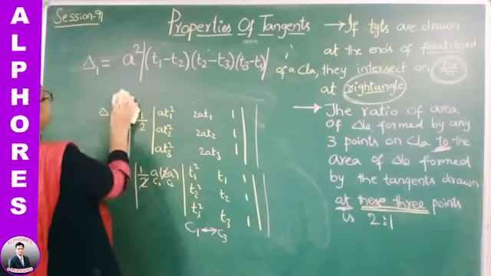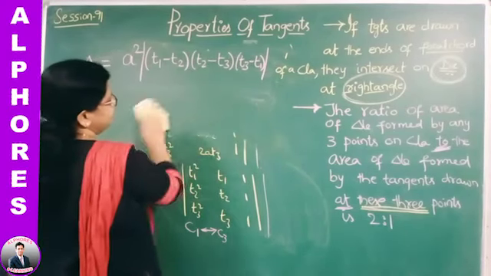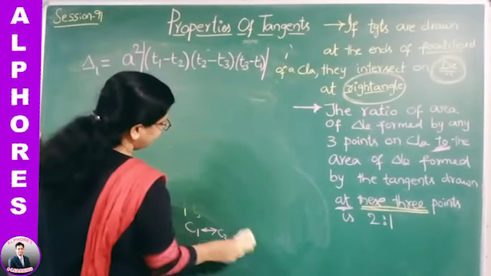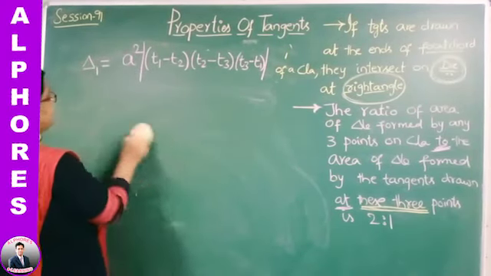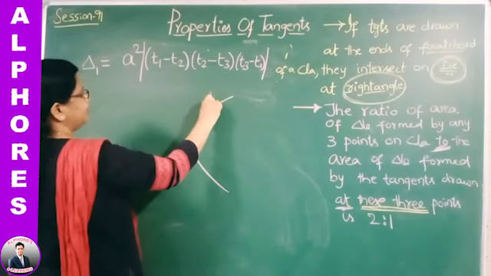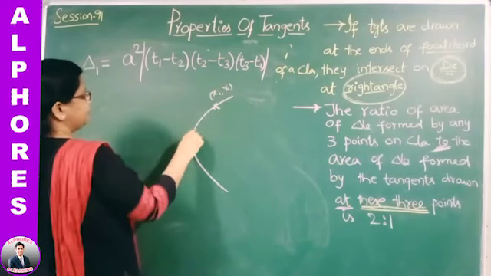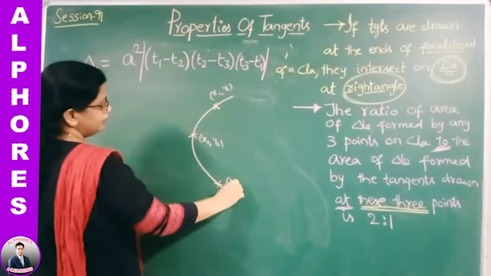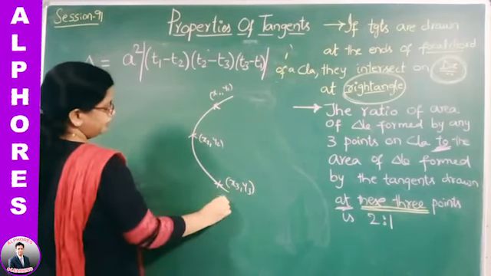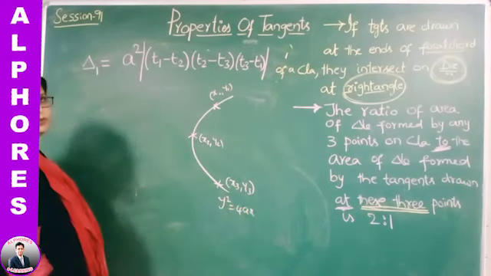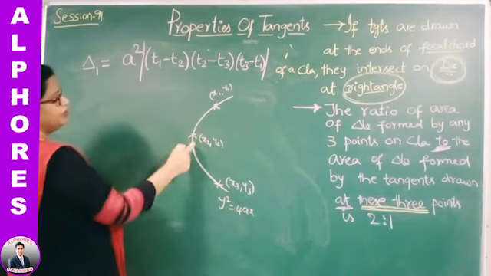So if you can remember this formula, a small deduction here itself I am doing, students. Suppose you take the 3 points x1, y1, x2, y2, and x3, y3 on the parabola y squared is 4ax. Then they will ask what is the area of the triangle formed by these 3 points.